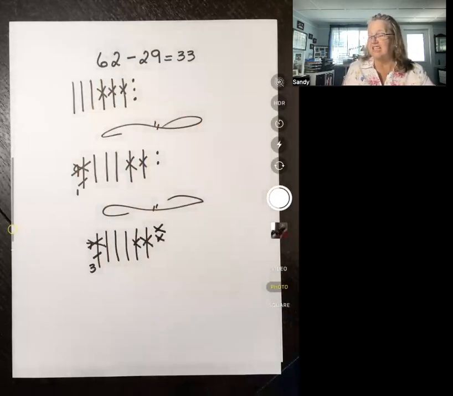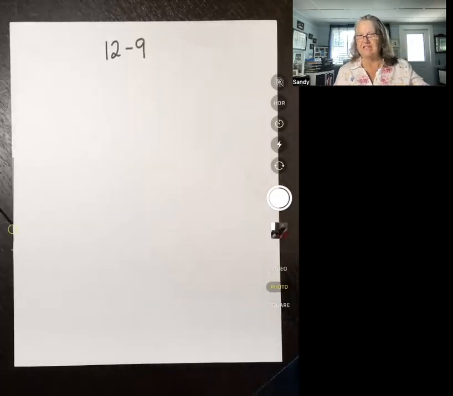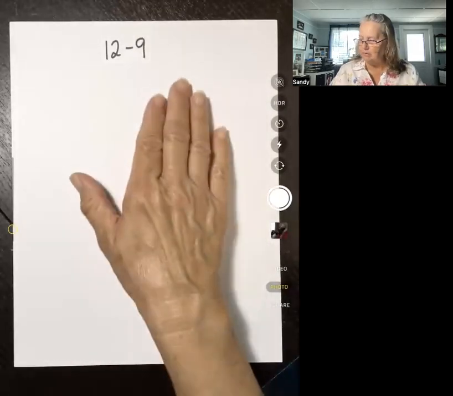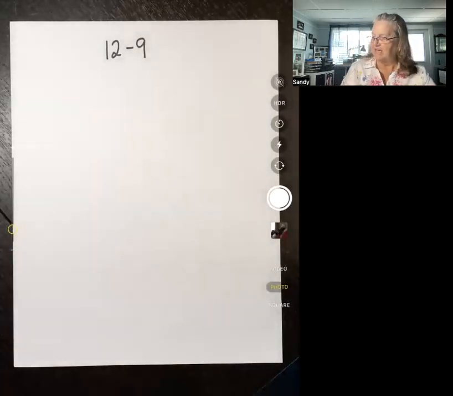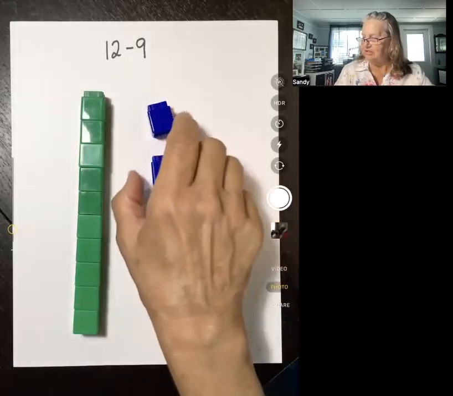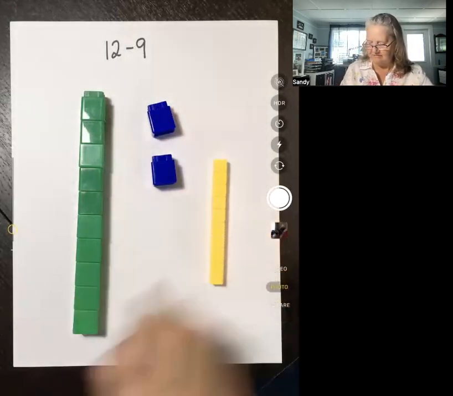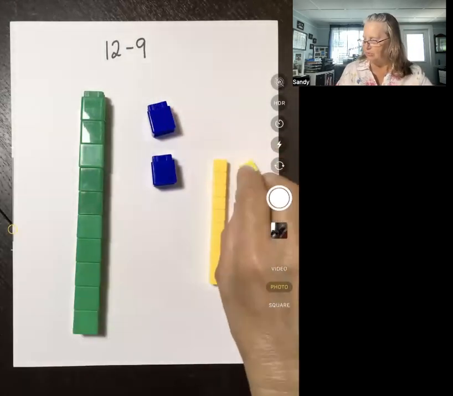The other nice thing is these strategies will work for fractions and decimals when they do get up into 4th, 5th, 6th grade. So let's look a little bit at some of these strategies and how we will spend time with them in developing 12 minus 9. Now I'm going to use this model versus this model for 12, and I hope you'll see why.